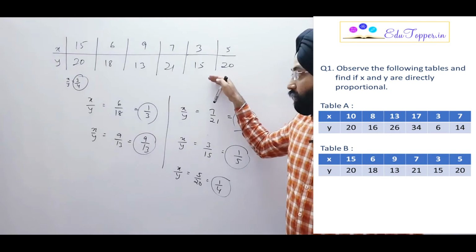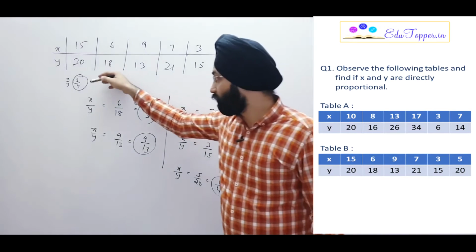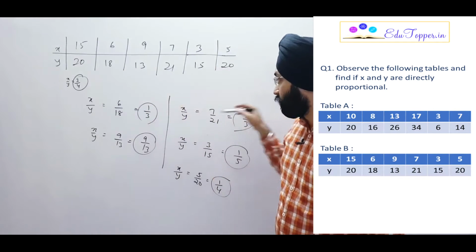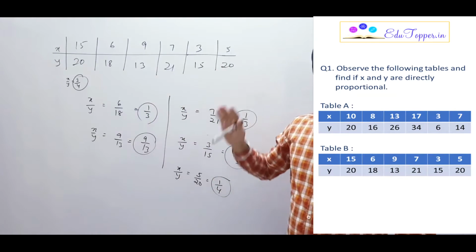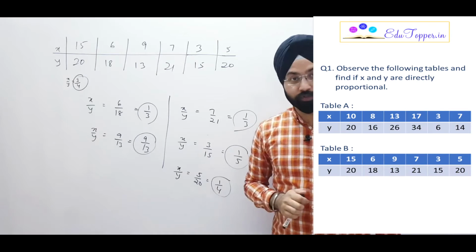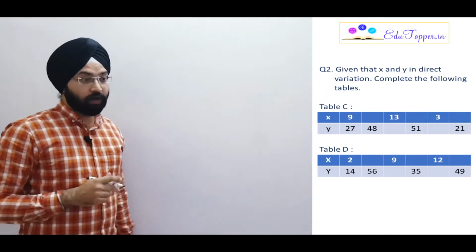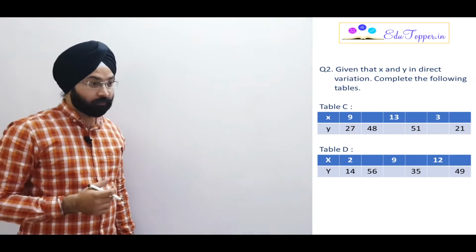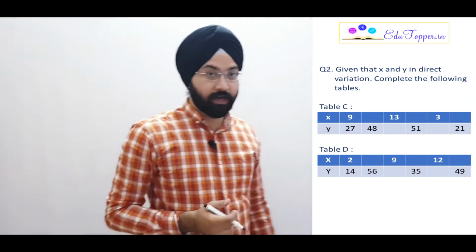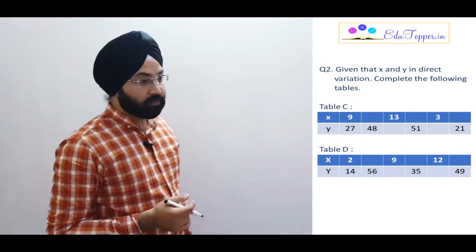But in table B, since x by y is not constant, the values are not in direct proportion. The question says, given that x and y are in direct proportion, or x and y are in direct variation, find the missing values.